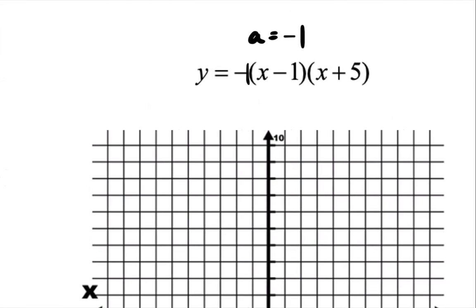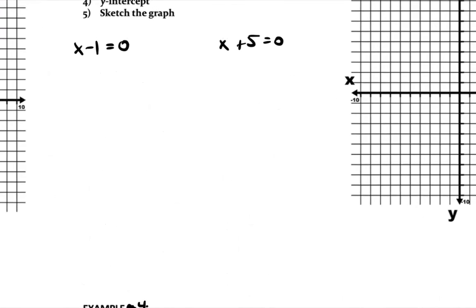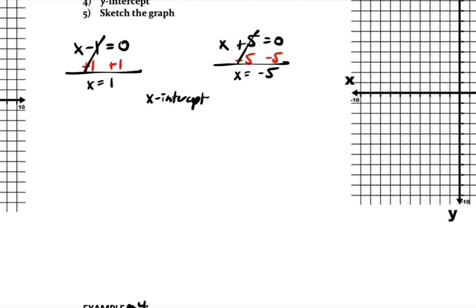Because I had x minus 1 and x plus 5, and then you set them equal to 0 and solved it. There you go, right? So then you added 1 to both sides, you subtracted 5 from both sides. Those are your x-intercepts. 2 dots.